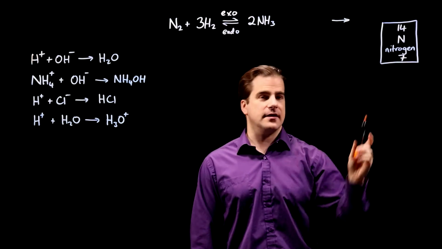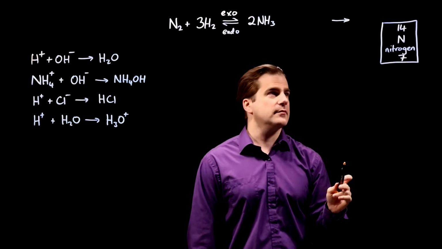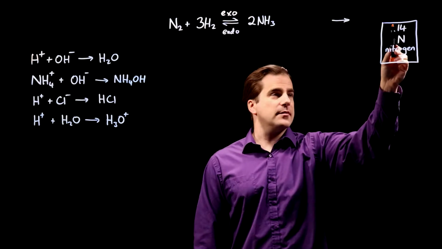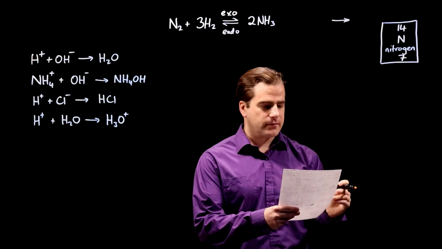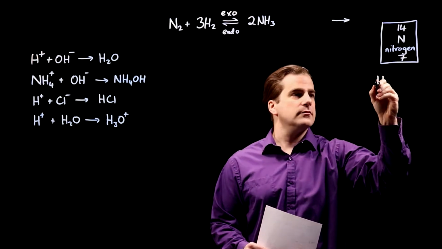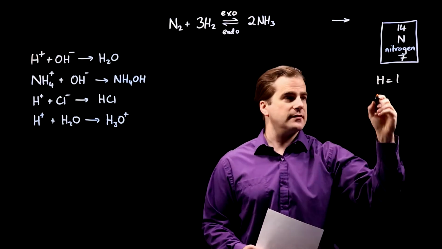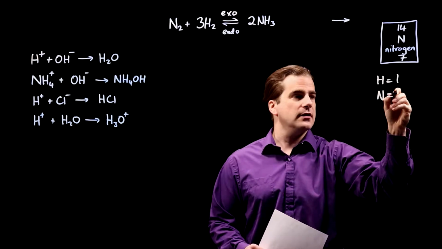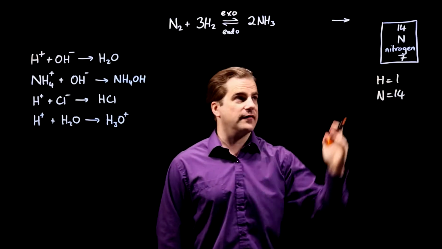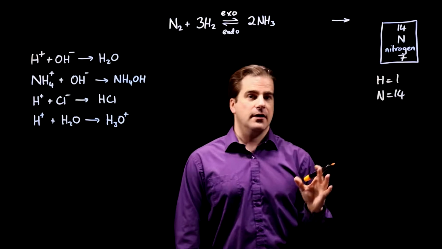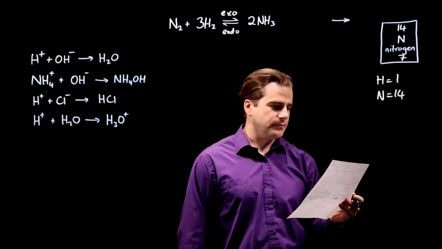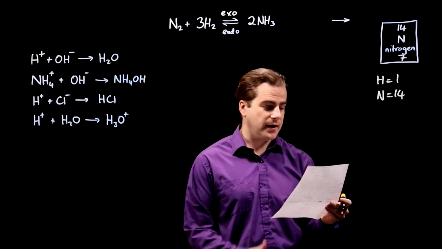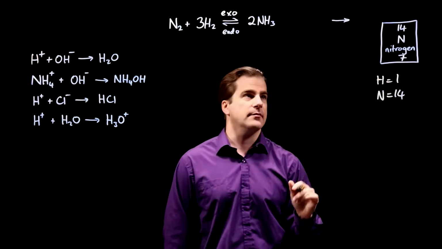The 7 is the atomic number or the proton number. And it's the mass number that tells you the relative atomic mass. So they tell you that for hydrogen the relative atomic mass is 1, and for nitrogen it's 14. But like I say, you can find that out for yourself by looking at the formula sheet in the periodic table. Okay, calculate the percentage by mass of nitrogen in ammonia.